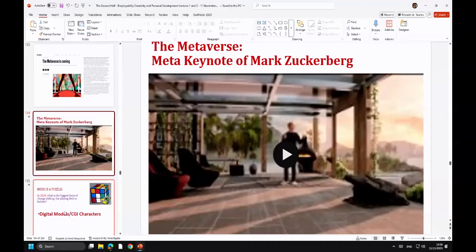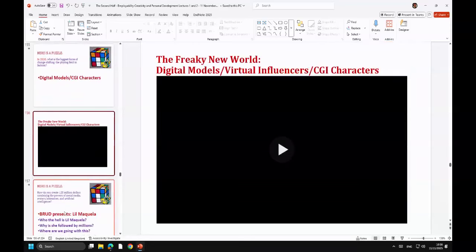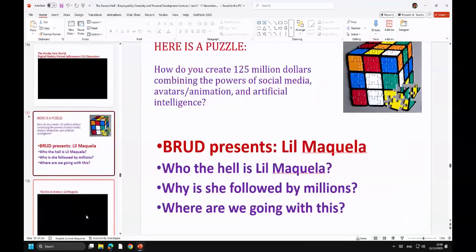Mark Zuckerberg's keynote about the metaverse, have you watched it? And we see digital models, CGI characters. They are transforming the world of marketing. A great example is Lil Miquela. Brud created Lil Miquela, and they created $125 million using the powers of social media avatars and AI.